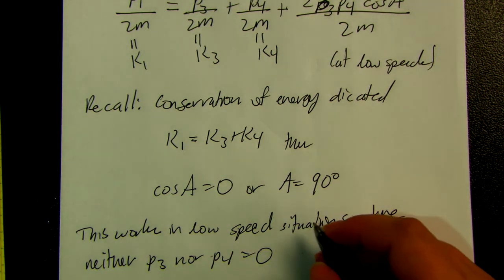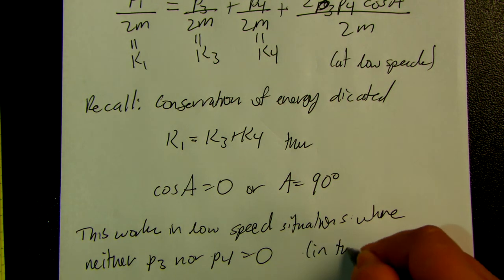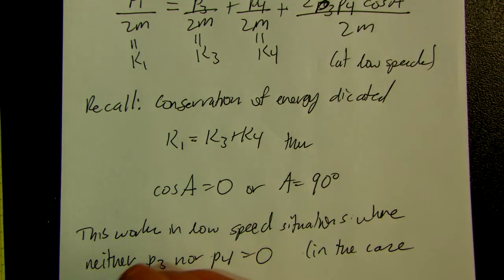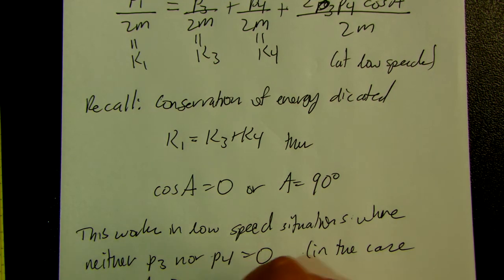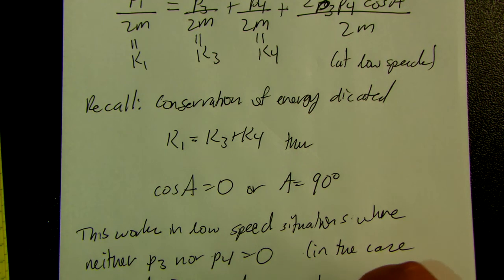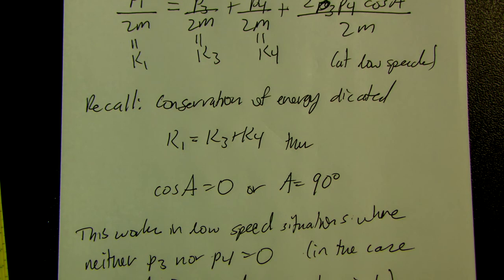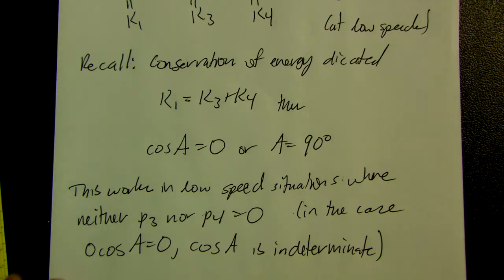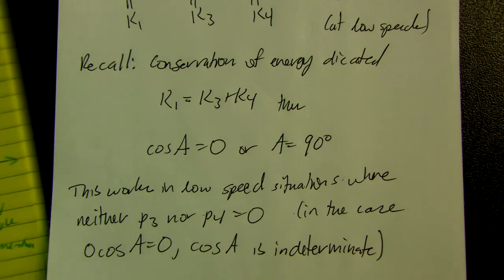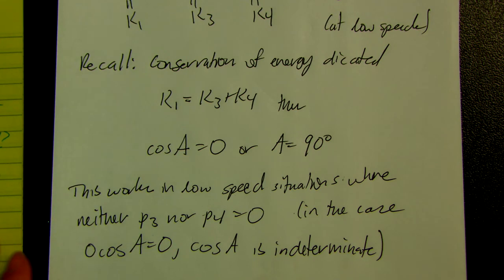Otherwise, in the case where one is 0, cosine A is indeterminate. And there you have it. We have shown that the angle between them is 90 degrees using the conservation of momentum and conservation of energy.